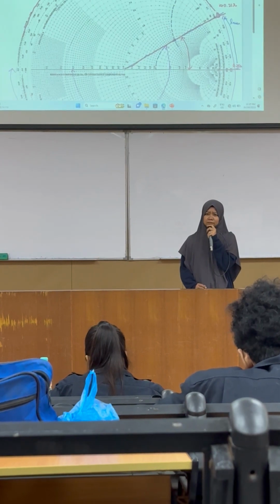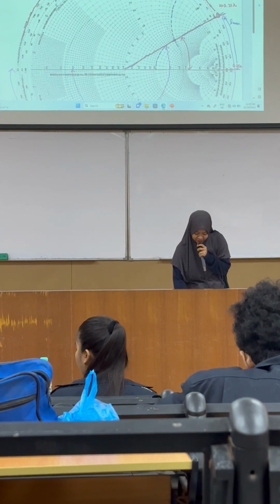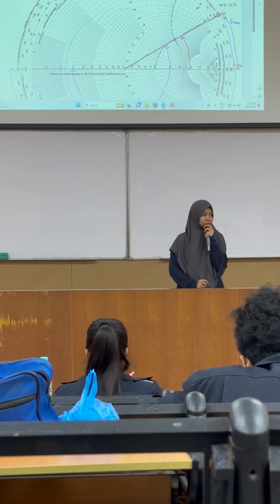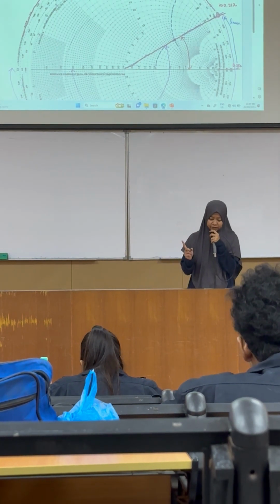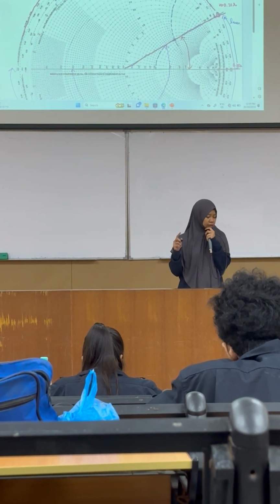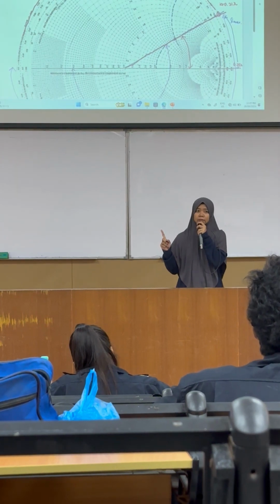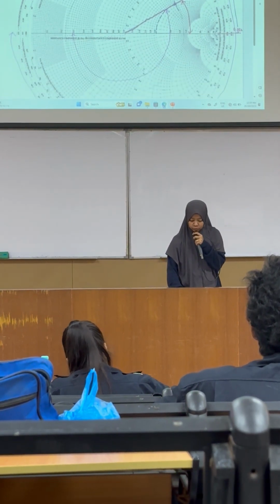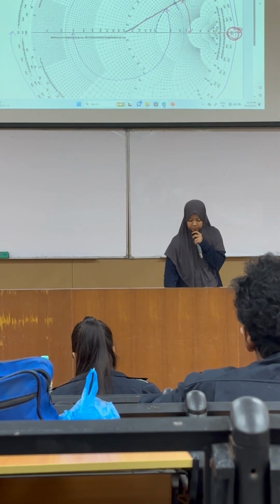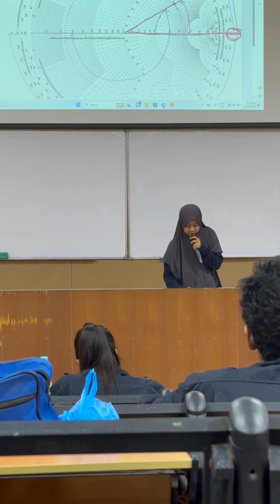Okay, 0.21 lambda at ZL given 2 plus j2. Just now I said Vmax happens at 0.25 lambda. 0.25 lambda is over here. Maximum voltage happens starting from here.